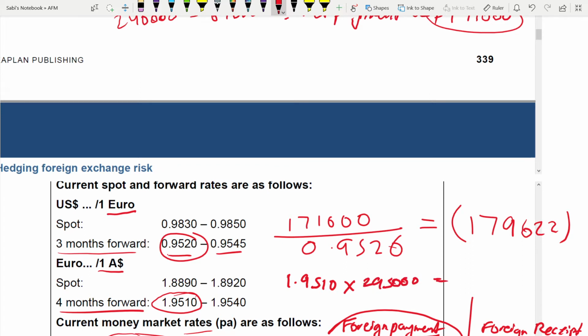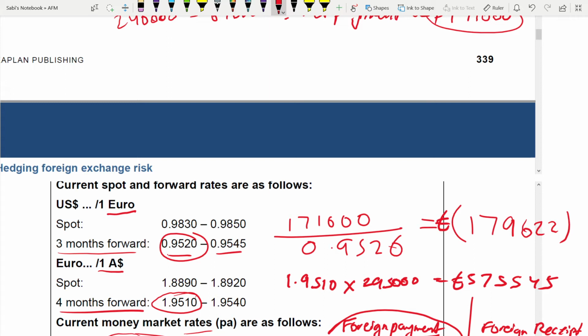Hence the amount is 575,545. All these are in euro now. Okay, so we are done with the forward for both, right?